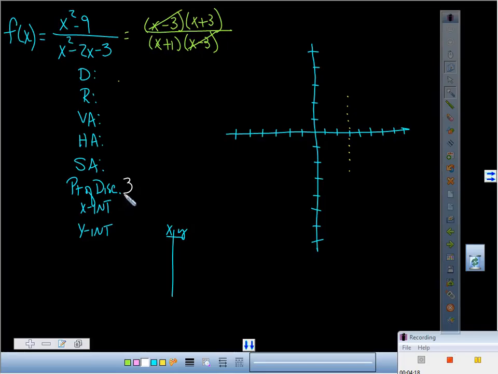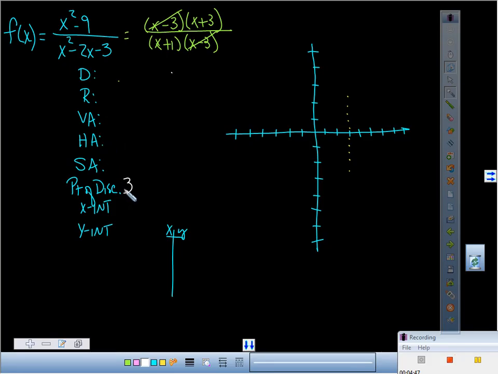Okay, so let me tell you this. When you have a point of discontinuity, that 3 right there still has to be excluded from my domain, because it does still make a 0 in the bottom, but it no longer will be a vertical asymptote. Okay?